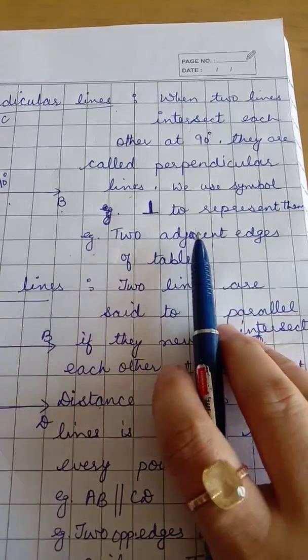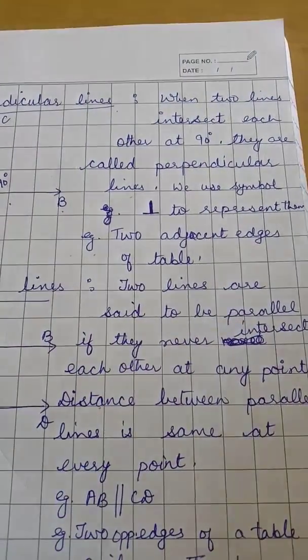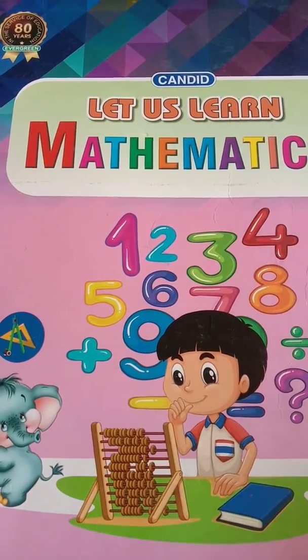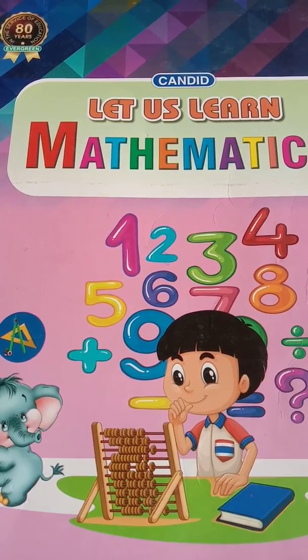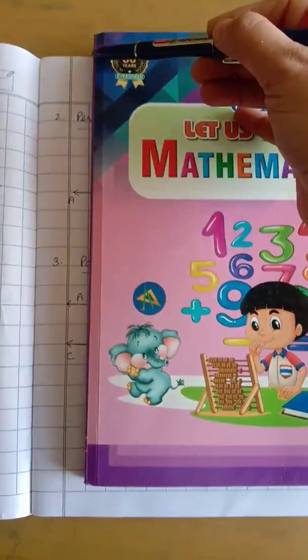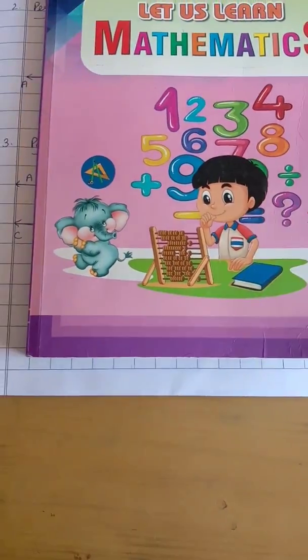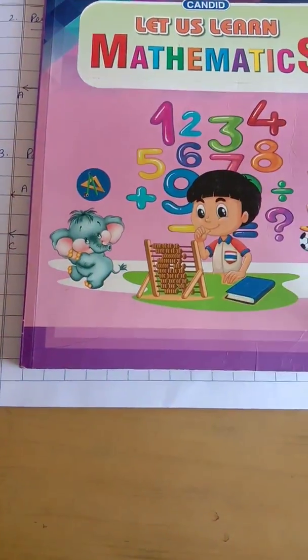For example, I am giving a live example from daily life. Suppose this is a book. How can we show two perpendicular lines? Two adjacent edges of a book. This is one edge, this is the adjacent, nearby edge.